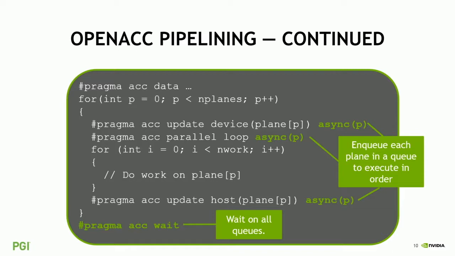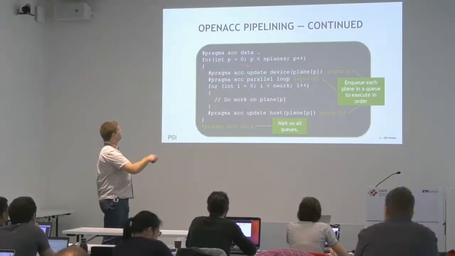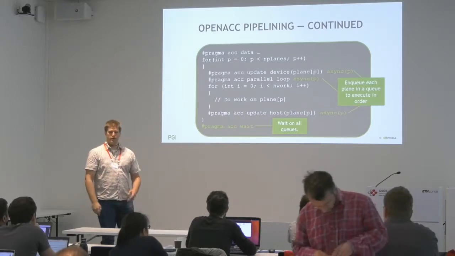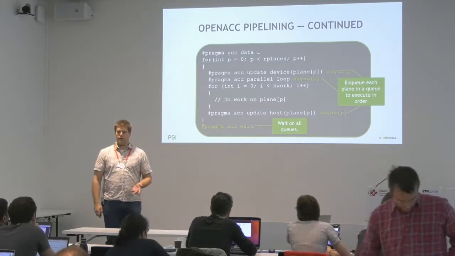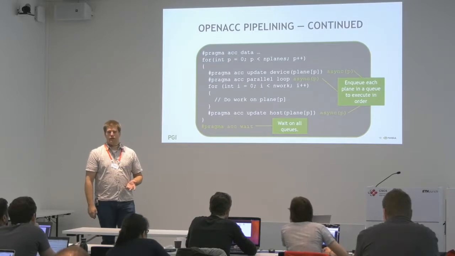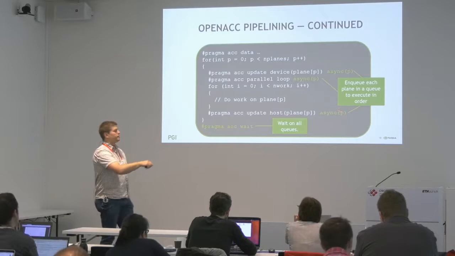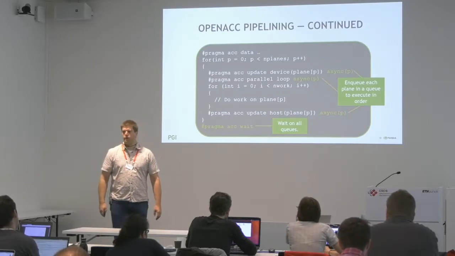But very often, there is already something in your program that denotes the independent pieces of work. In our case here, it's the iterations of this outer loop, of this endplanes loop. We know that every iteration P is independent of the other iterations, so we might as well just use that to denote our queues here.